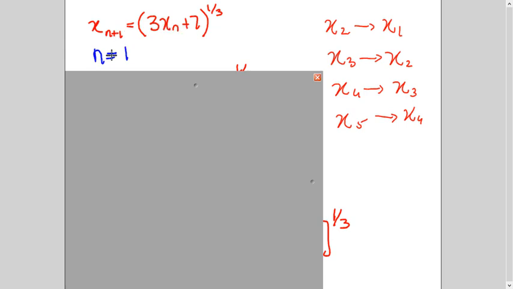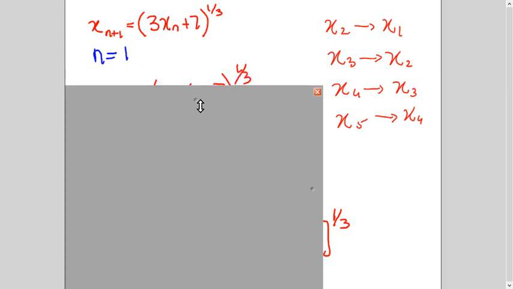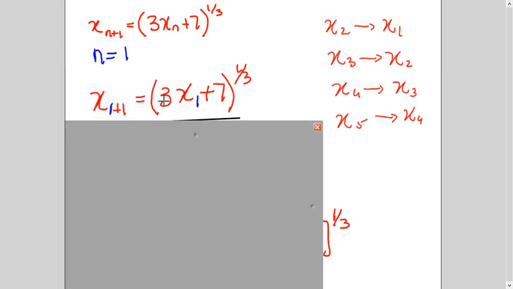If you take n equals 1, this will become x1 and this will become x2. Why? Because 1 plus 1 is 2. So if inside is x1, then outside is x2. If inside is x2, then this will be x3. If this is x3, then 3 plus 1 is 4, then this is x4.